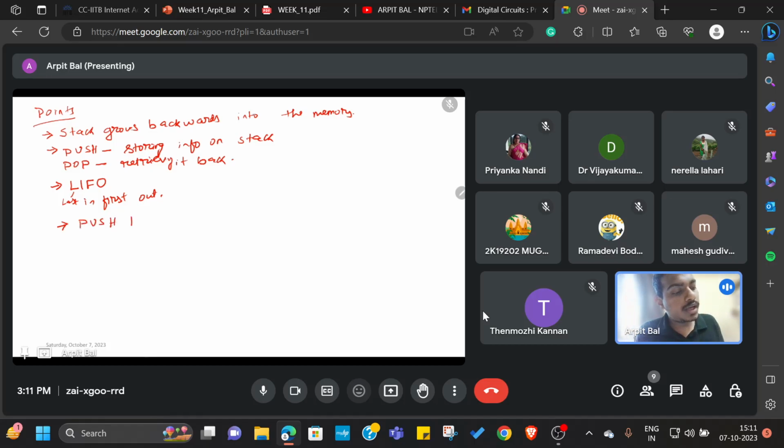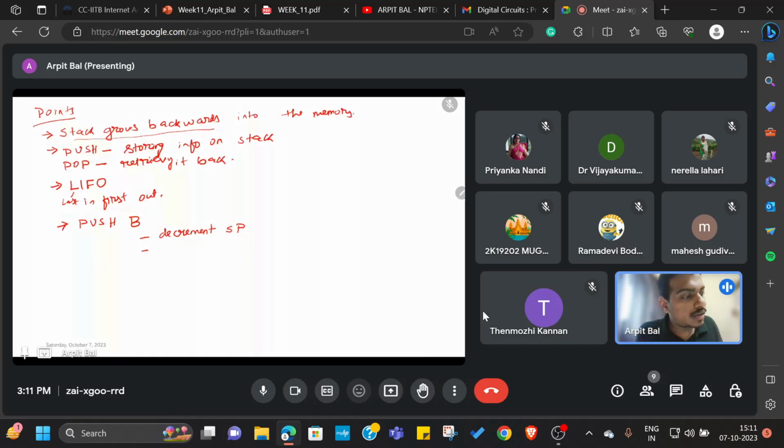Let me give an example. What happens when I write an instruction PUSH B? As mentioned, the stack grows backwards. The first thing that will happen is with the stack pointer. The stack pointer is a pointer that keeps track of the location of the memory where the stack is going to be present. So when I write PUSH B, the stack pointer is decremented.